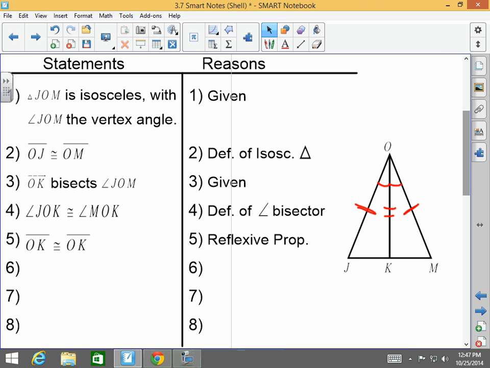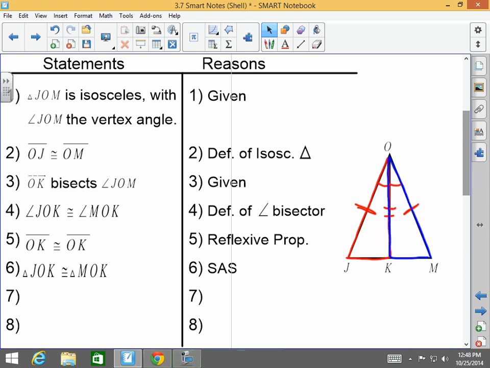Now look at the triangle that we have and look at our tick marks. Now it's very easy to state that triangle JOK, this guy right here, is congruent to triangle MOK, which is this guy right here, because of side, angle, side.